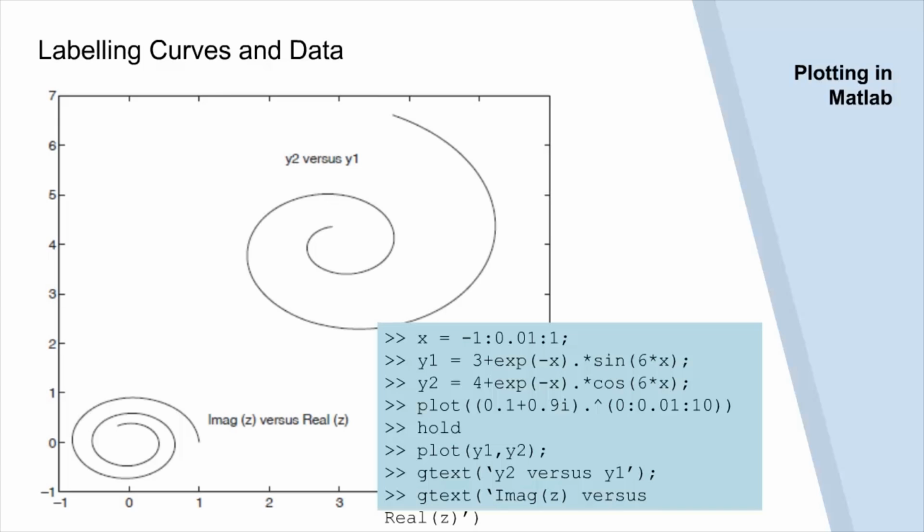After the hold command, the plot command that follows will plot the data set on the same plot. So after the hold command, I used the plot command and plotted y2 versus y1 on the same plot. As you can see, on the right side we have y2 versus y1, and on the left side we have the imaginary versus the real values of z.